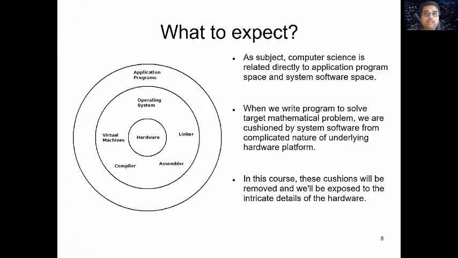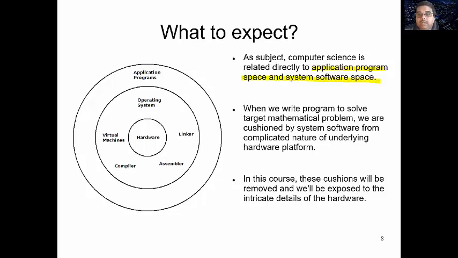So, as a subject, I understand this is directly applicable to the application space and system software space. When you write a program to solve the target mathematical problem, we are all cushioned by the system software.